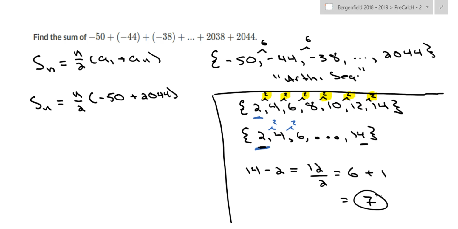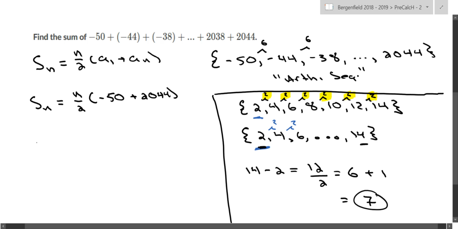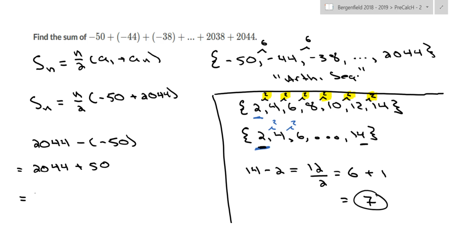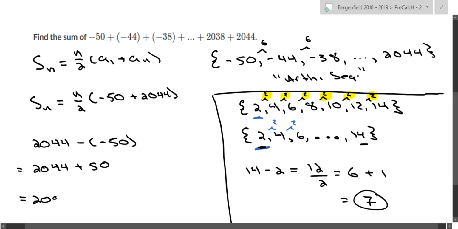So let's see what we have here. Our first term was negative 50, and we go all the way up to 2044, so be careful with your negatives. I increased by 50 to get to zero, and then up to 2044, which would be 2094.